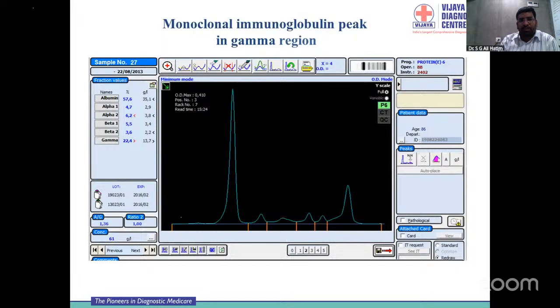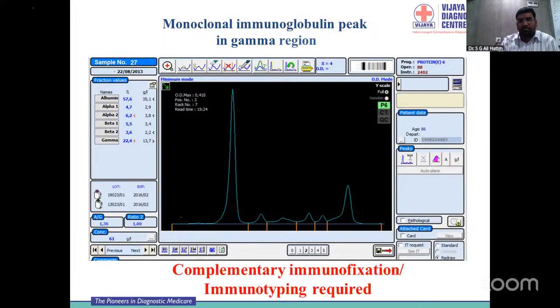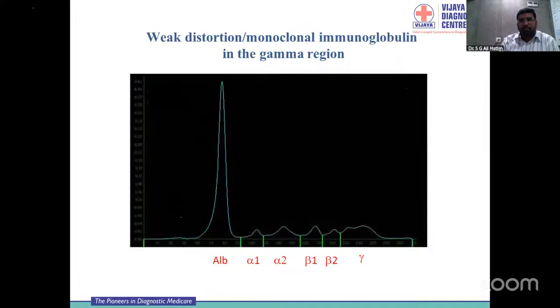This is one more case where you can see a monoclonal peak in the gamma region. Here also complementary immunofixation or immunotyping is required to confirm the heavy and light chain pattern. Sometimes we see these kinds of graphs also. There you can see the gamma region is not smooth; there is some distortion.